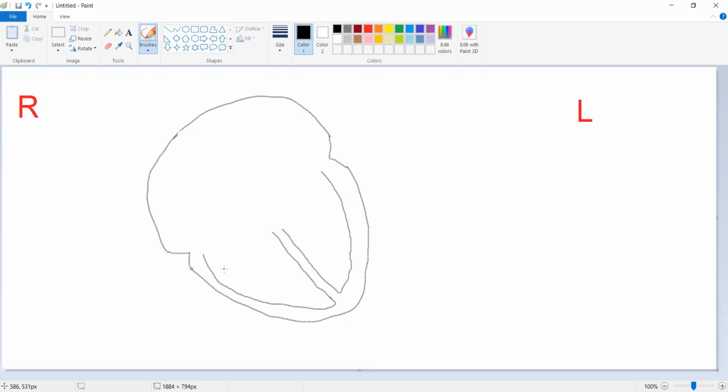Continue. We are going to draw the wall of atrium. It should be thinner. We try to reflect that. You may stop at this part because later on we are going to draw it differently on the right side. Once you're done until here, next we are going to draw the vena cava.